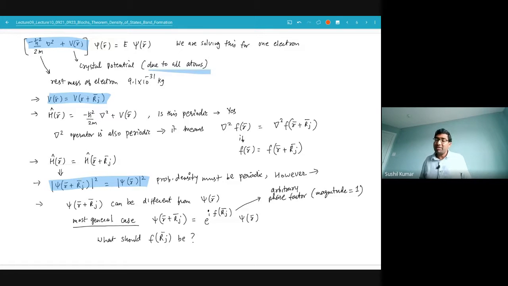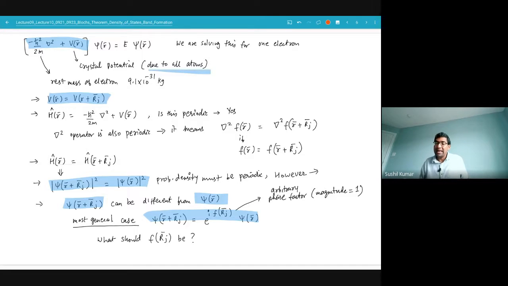If the probability density is periodic, that does not mean the wave function itself has to be periodic, which means the value of this wave function at another lattice site can be different. It does not have to be the same. In other words, it could differ by a phase factor, and that phase factor can be any function of Rj.